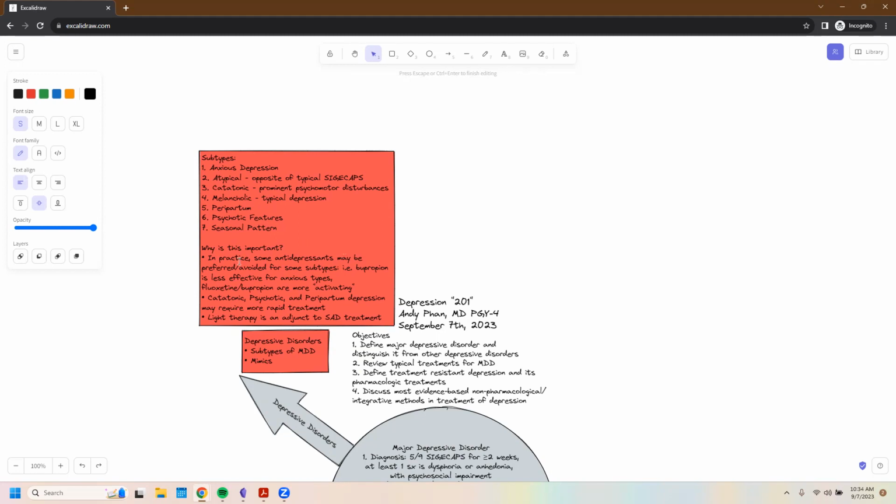This is important because with some antidepressants, in practice, you may prefer to have other first-line agents for these types of depression. So for example, bupropion has an okay indication for first-line treatment of major depressive disorder, but not for comorbid anxiety disorder.